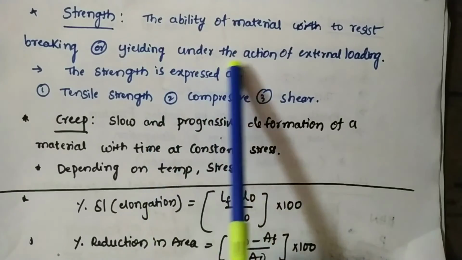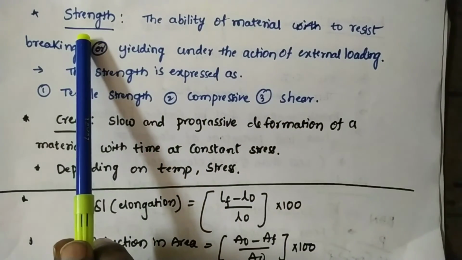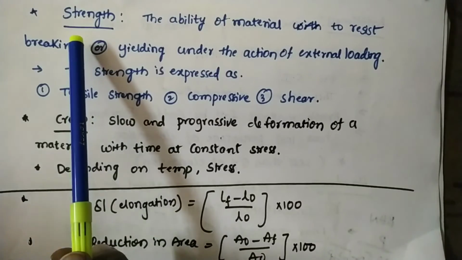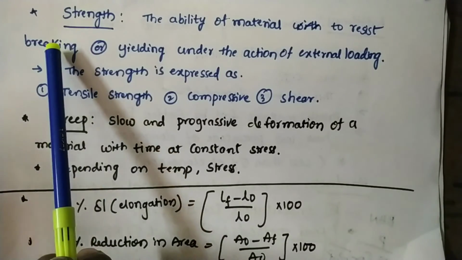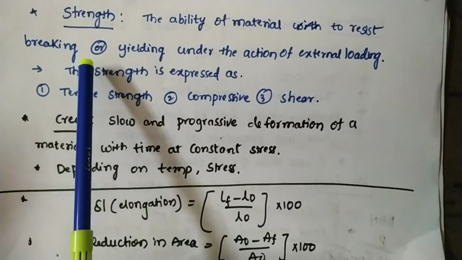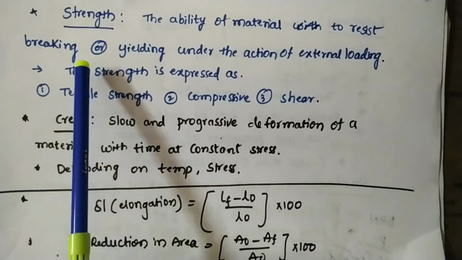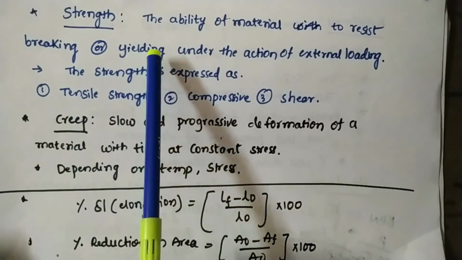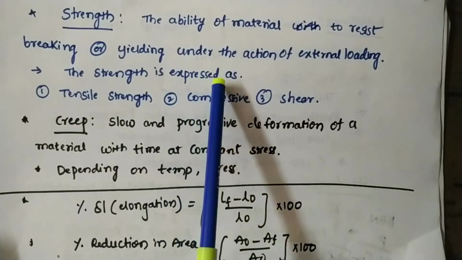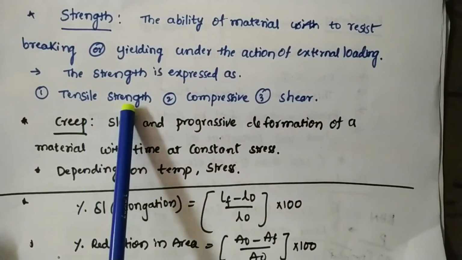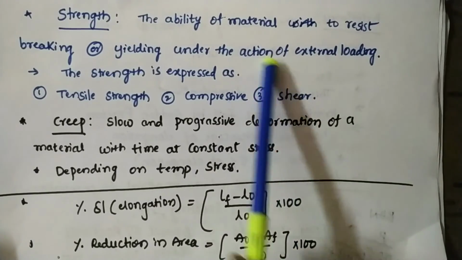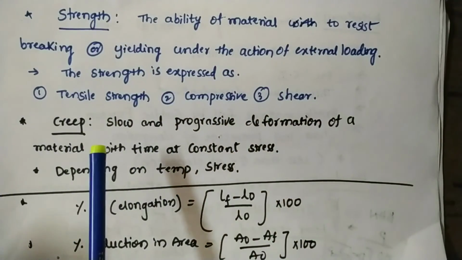Breaking you already know, and yielding means change in dimension, so strength is resisting the change in dimension. The strength is expressed as tensile, compressive and shear.